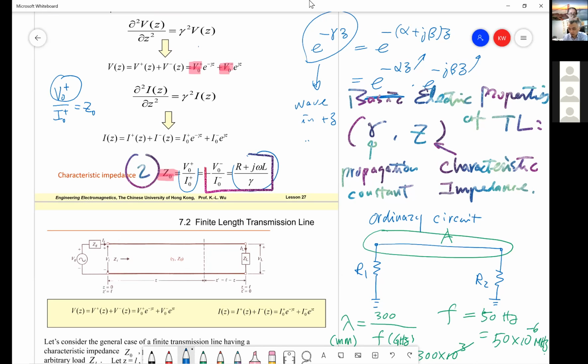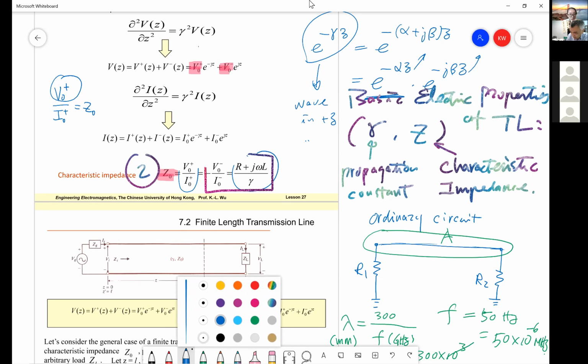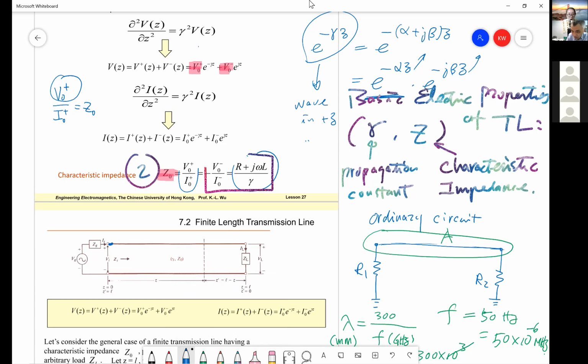Okay. Now let's sketch a transmission line. I don't use this thin wire anymore. This is thin wire, right? I use very thick wire to indicate this is a transmission line.